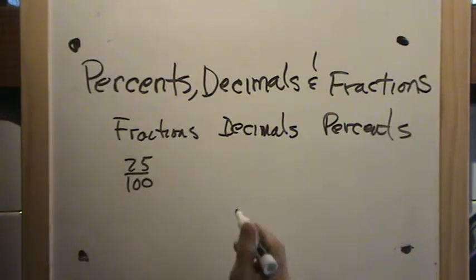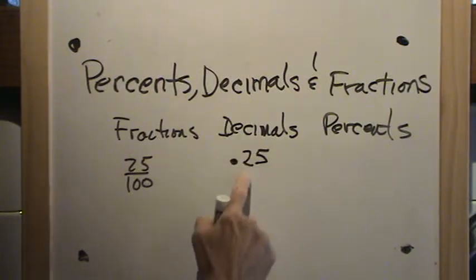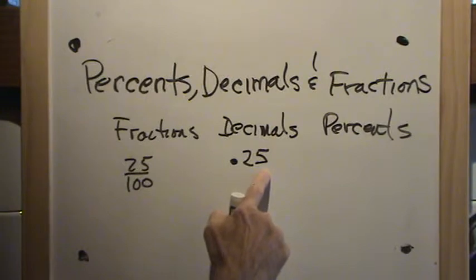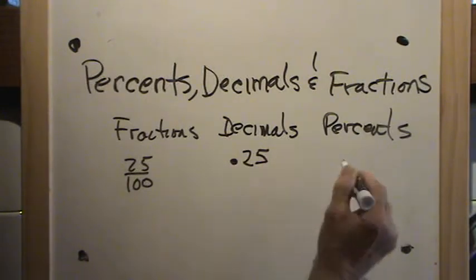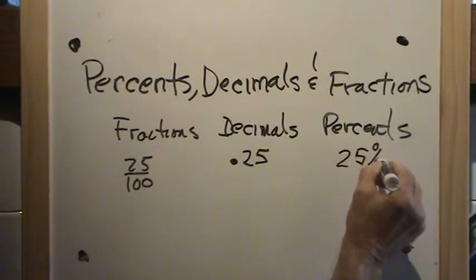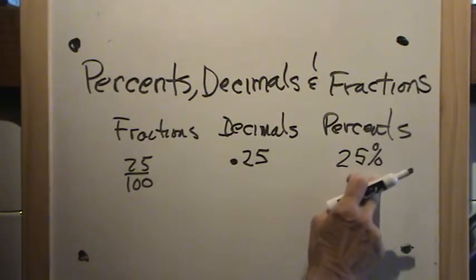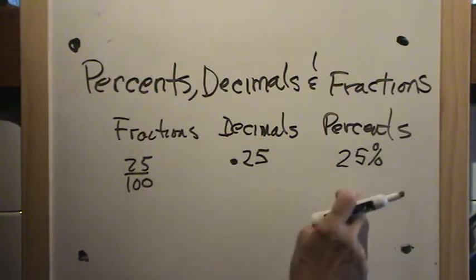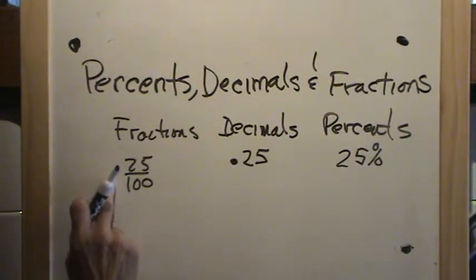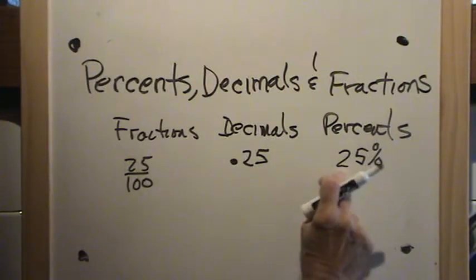Well, we know in decimal form it would be 25 hundredths. This is the hundredths place. Now we know that the percent sign means denominator 100, so it would be 25%. All three: 25 hundredths in fraction form, 25 hundredths in decimal, 25%.